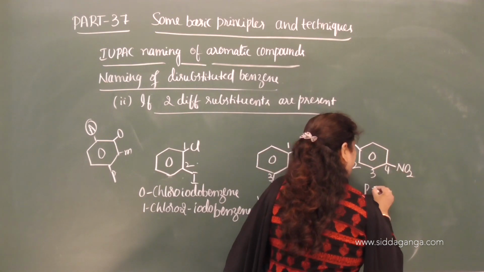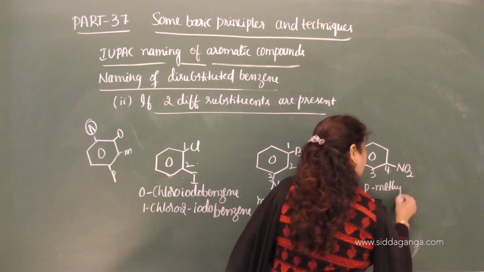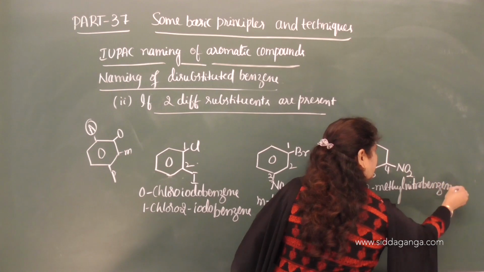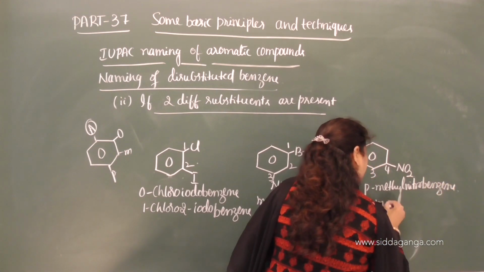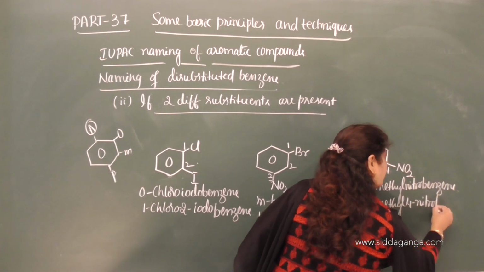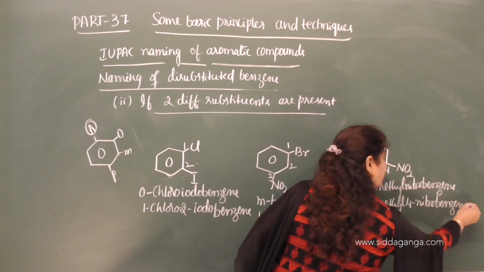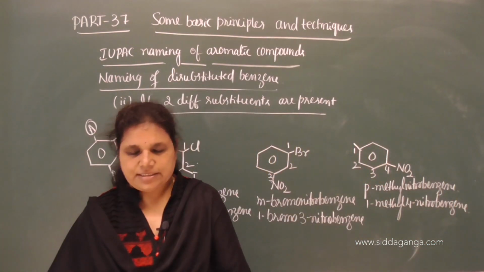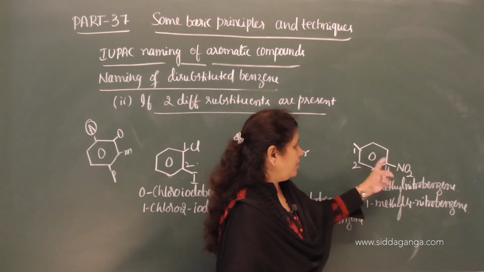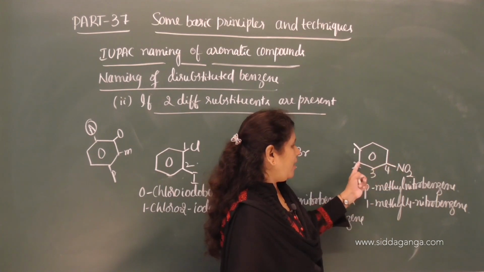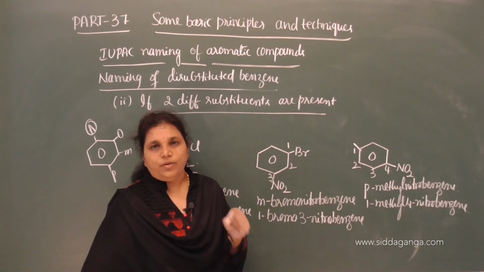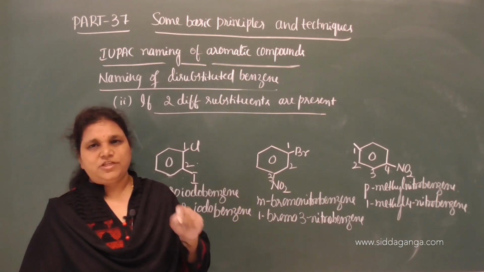This is para methyl nitrobenzene, or else 1 methyl 4 nitrobenzene. 1 methyl 4 nitrobenzene is the IUPAC name. And remember, here the position is opposite. They may be on these two carbon atoms, they may be on these two carbon atoms. Just you look at whether the groups are on the opposite positions.